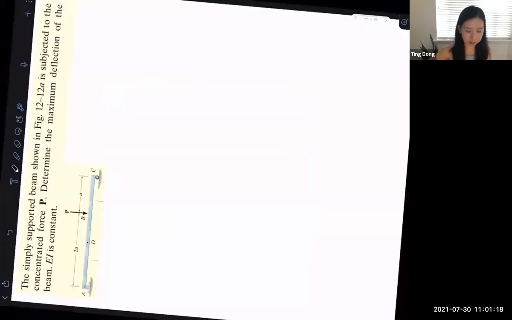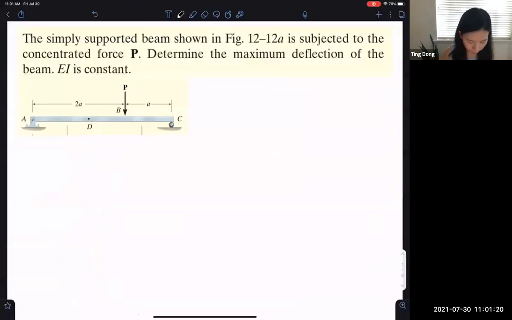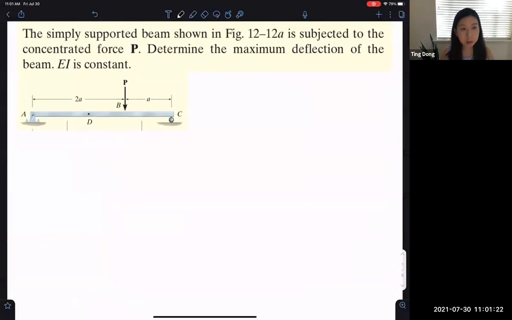So let's see this one. For this assembly support beam, it has a concentrated force applied at this point, and we determine the deflection of the beam.